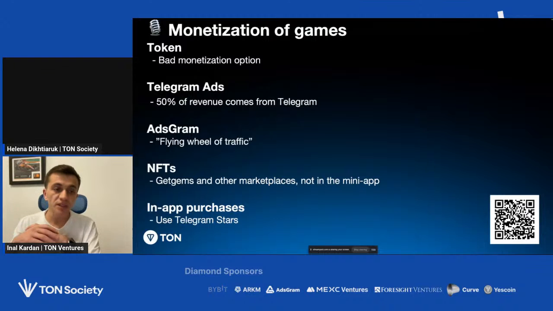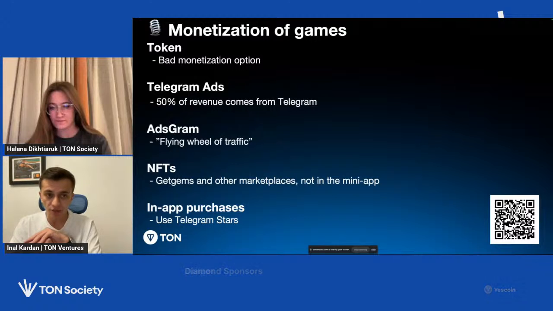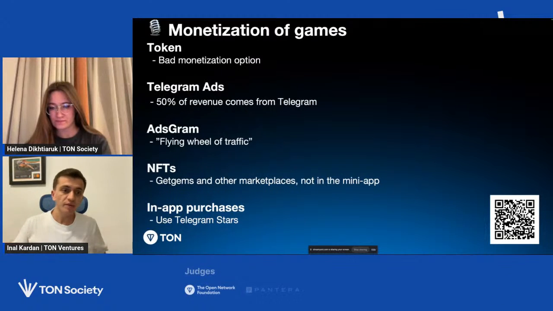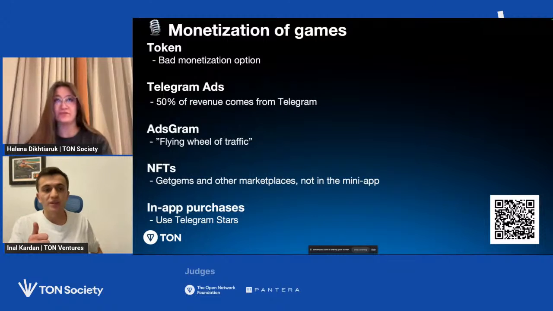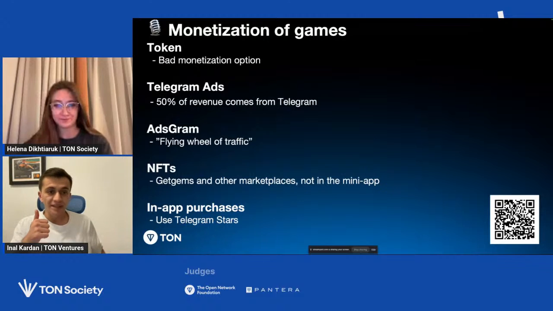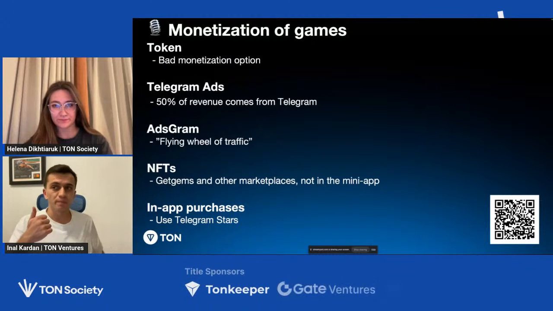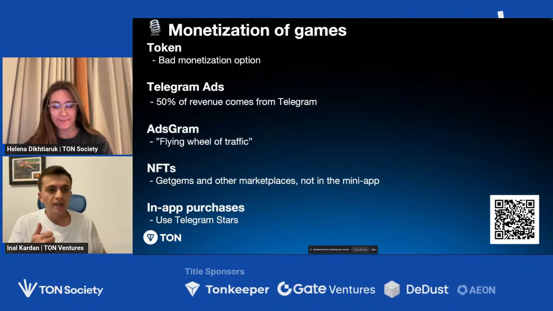For games, it is not that simple. So there are 5 ways you can monetize your application right now, and I'll go through them very, very fast. First, token. If you think that your app is a way to issue a token and earn something in token, usually it's a bad monetization option.